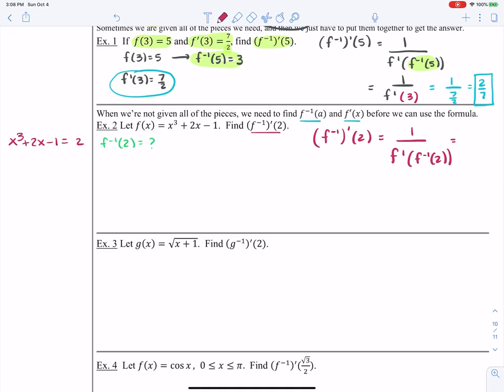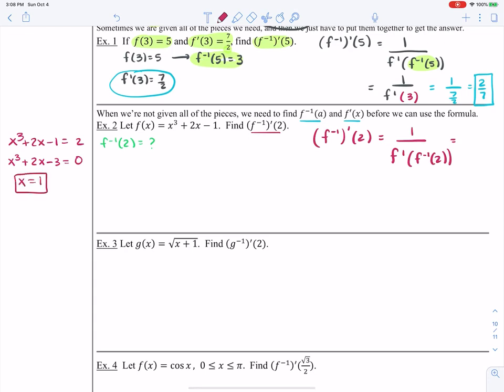Because if this is an x value on the inverse, it's a y value on the original function, okay? So solving for this x value, we get x cubed plus 2x minus 3 equals 0, which is solved by x equals 1.